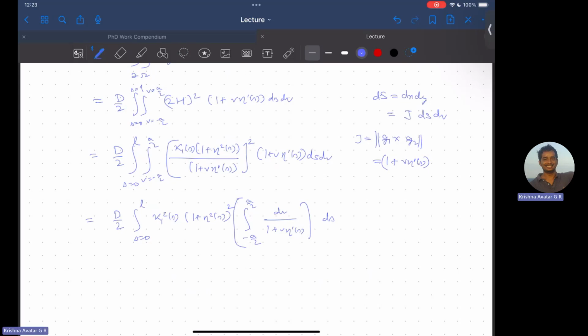And finally, this term evaluates to 1 by eta prime log of 1 plus eta prime a by 2 over 1 minus eta prime a by 2.